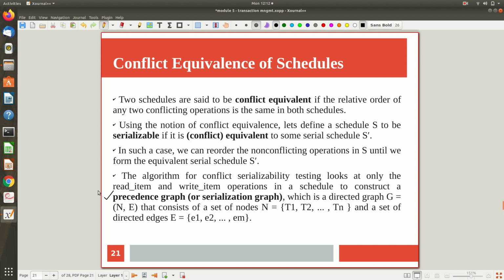But we have to ensure that once that non-serial schedule is executed, it should not create any unexpected or unwanted result, okay. Accordingly we draw the serialization or precedence graph where each vertex or node corresponds to a particular transaction, okay. And there you can think about different edges between them; how these edges are drawn we will see with our algorithm, okay.